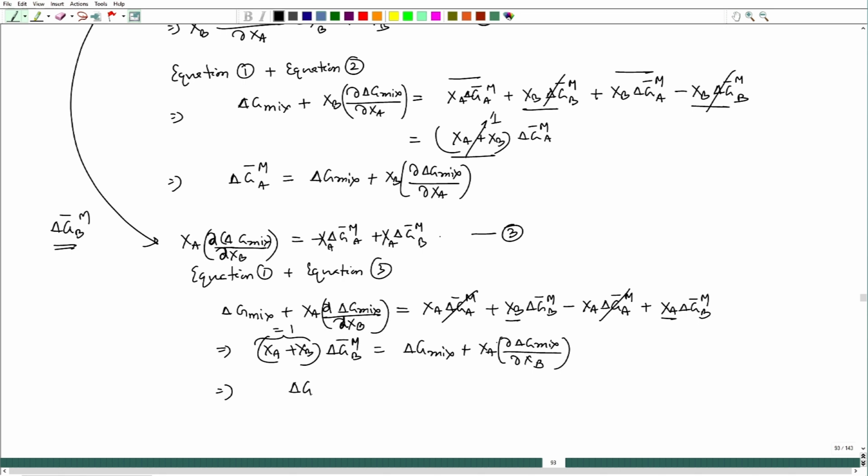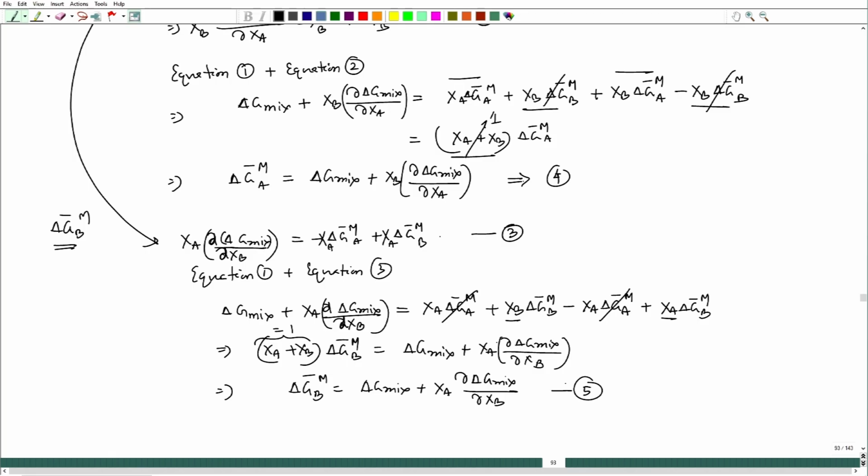So we get the expression. Let us say this is equation 4 and this is 5.